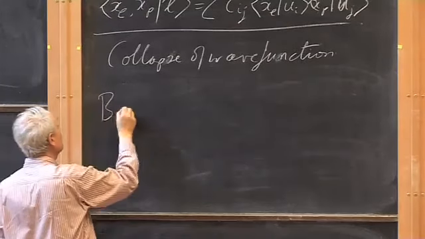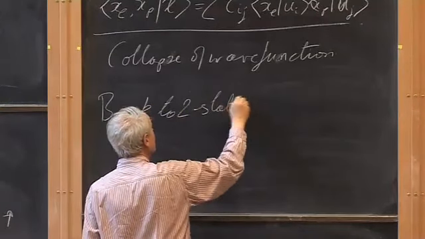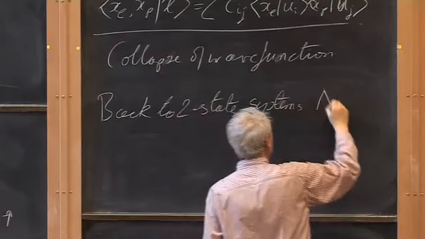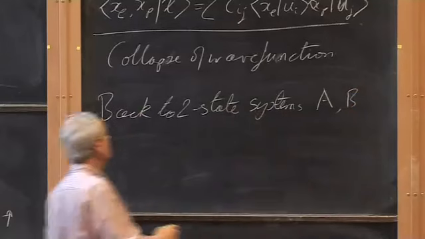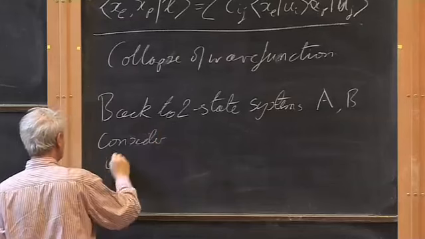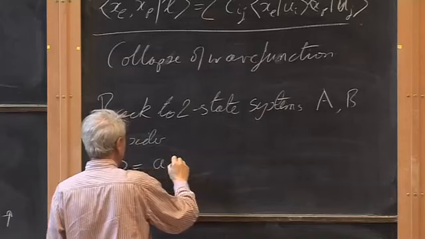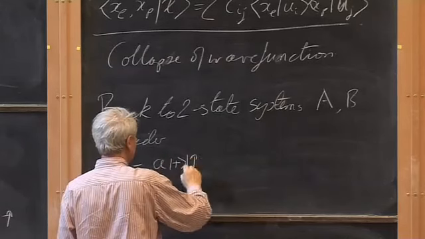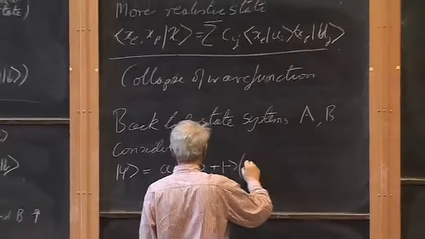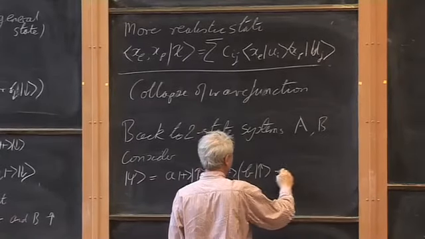So we go back to the two-state system, A and B. And consider this particular state: psi equals A times plus up, plus minus brackets B up plus C down.